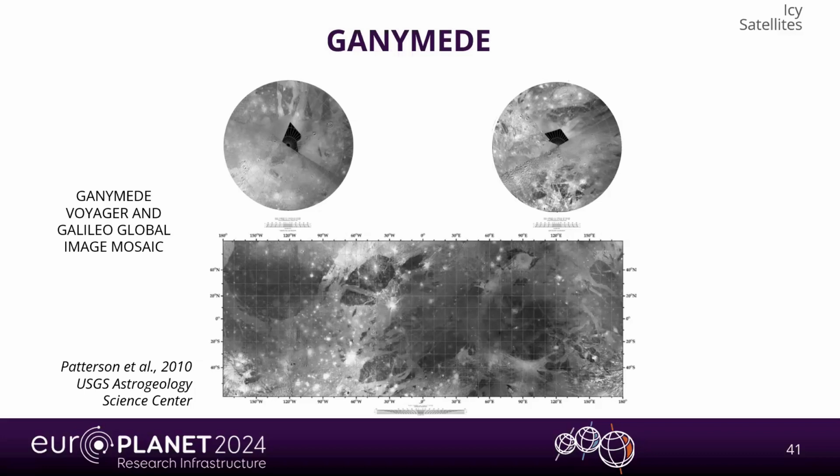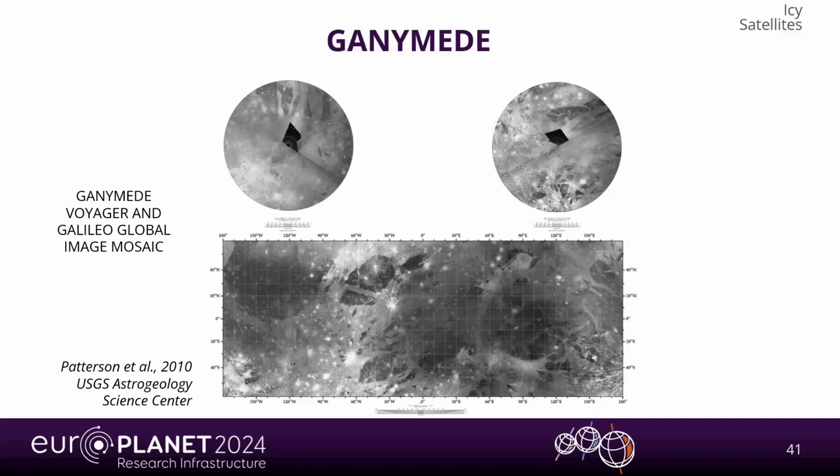Such global mosaics have allowed to visualize and detect geological units, as for Europa, and structural features that characterize the surface.